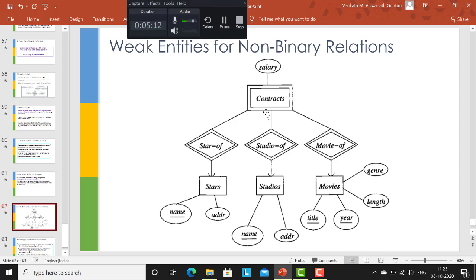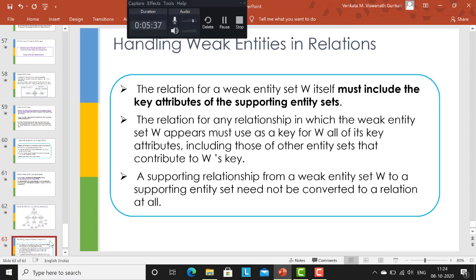You have to really go with what is best for your business logic, right? I'm just showing it as an example, but don't take it as written in stone that all multi-way relationships can be directly converted into weak entities. By no means should you take that as an assumption. Okay, just see that this is just an illustrative example.